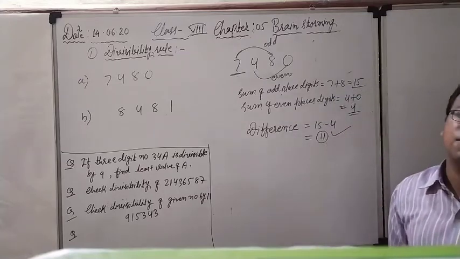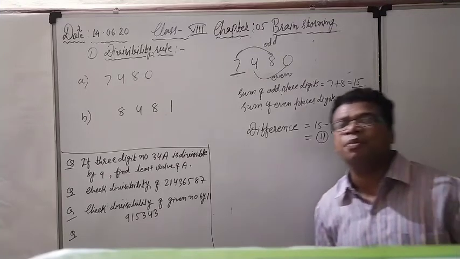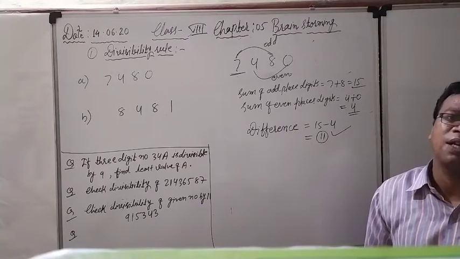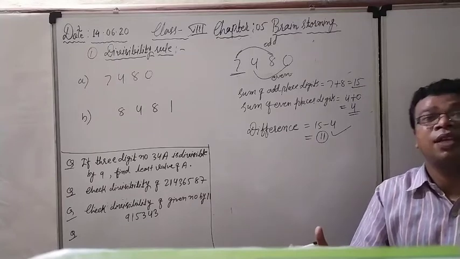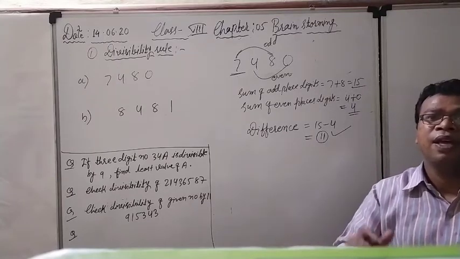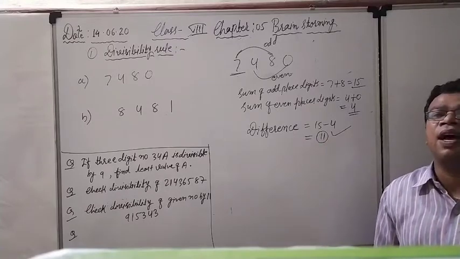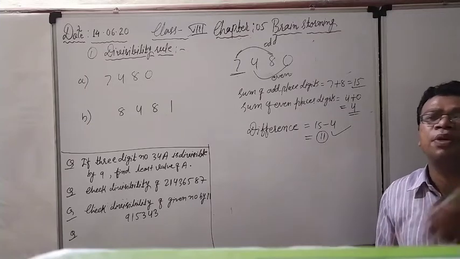And what was the condition? Either it should be equal to 0, or it should be equal to 11. Why am I considering the two numbers 0 and 11? Because these are the multiples of 11. In the table of 11, does 0 come or not? Yes, 0 times 11 is 0, 1 times 11 is 11. So it should be a multiple of 11, either 0 or 11, 22, some such number.